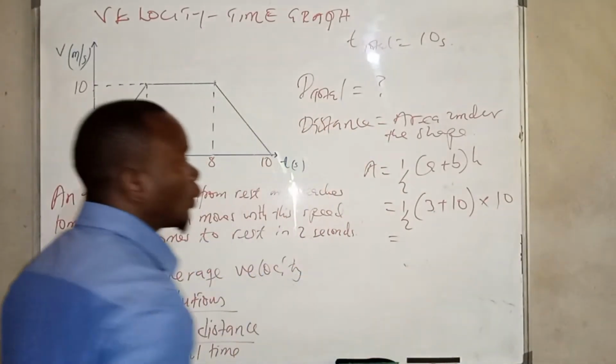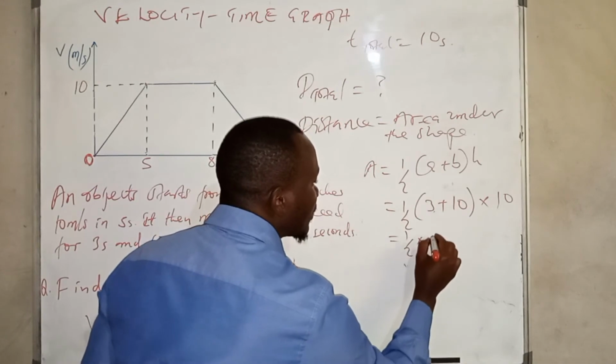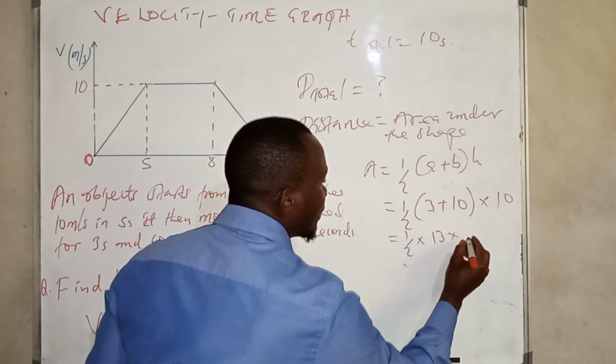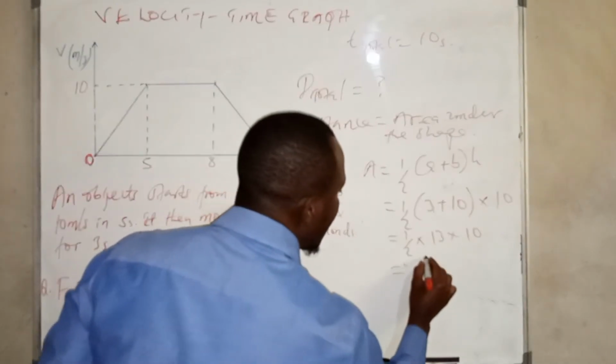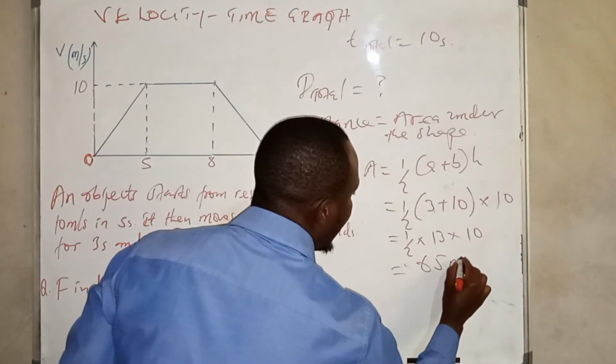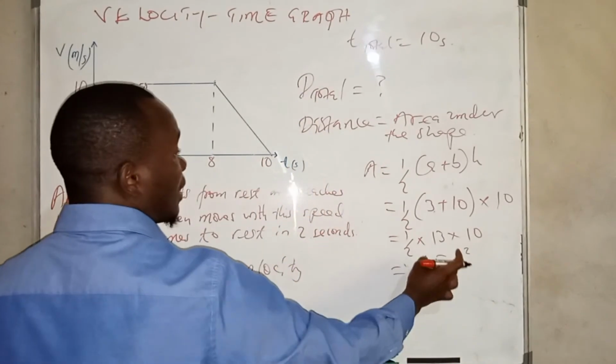So when we work it out, we're going to have half times 13 times 10. So this will give us 65 meters squared. That is the units for area.